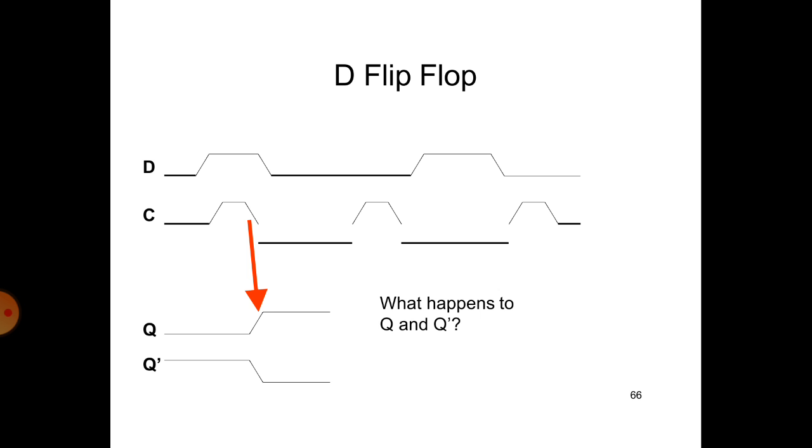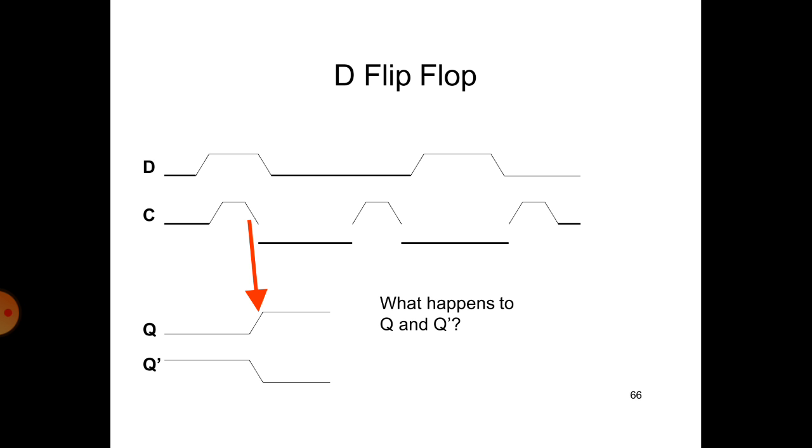So D and C will be the same, the input, that is D and clock will be the same. What about Q? Low to high state. If the clock is high state, the Q will be high state. If D and C are 1, that is high state, means the Q will be 1, that is high state.